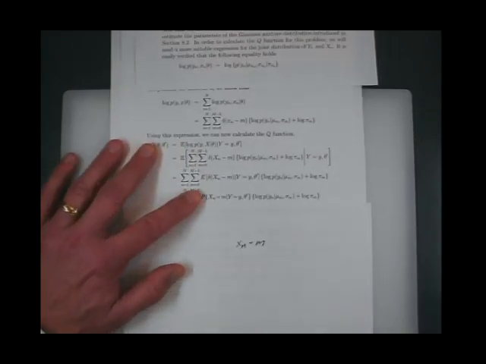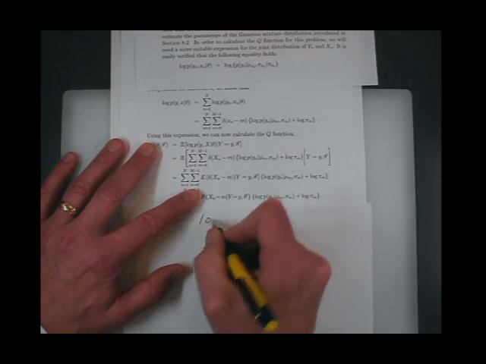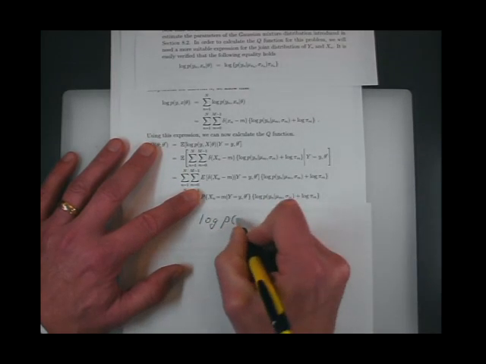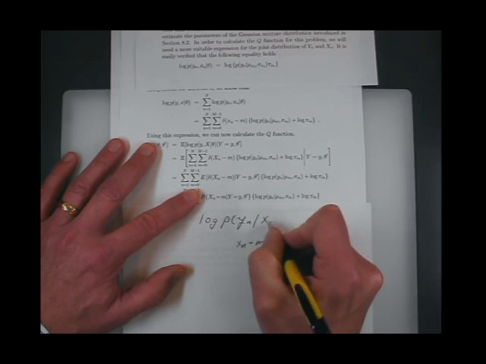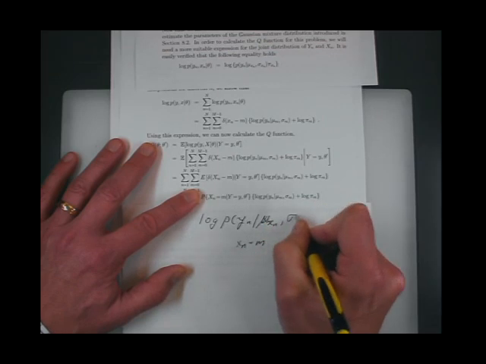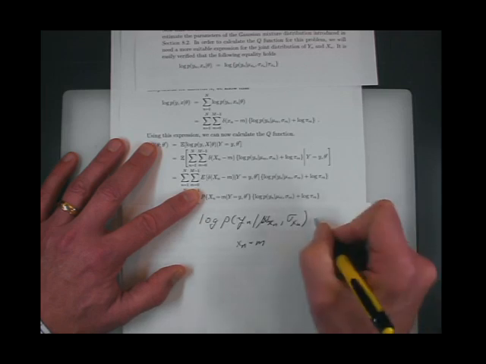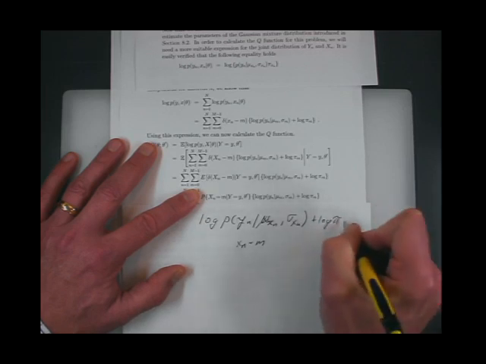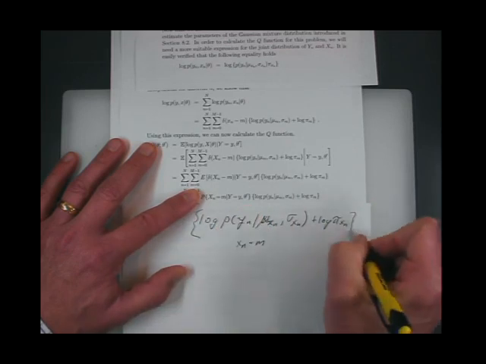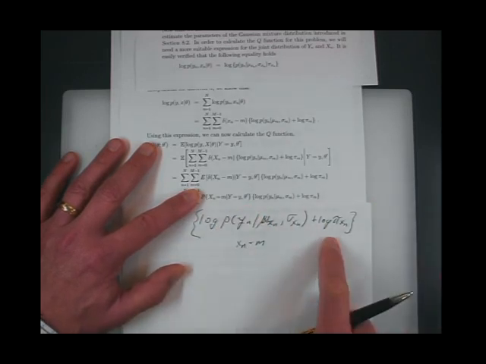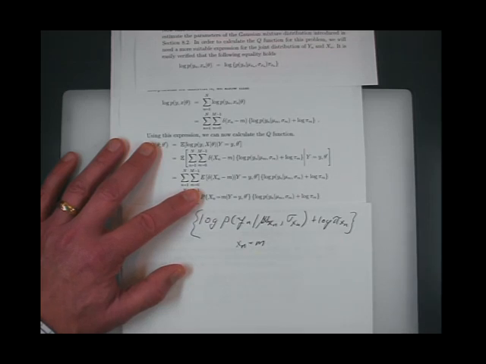So if you wrote this probability out, if you had the log of p of yn given mu of xn, and sigma of xn, plus the log of pi of xn, this would be like the log likelihood of the joint distribution of x and y at time n.